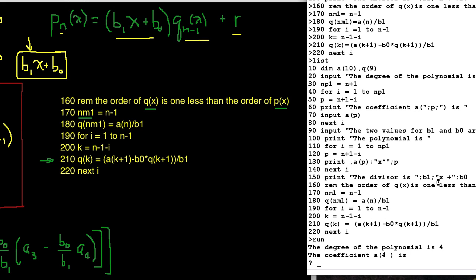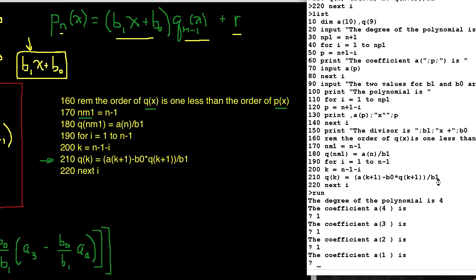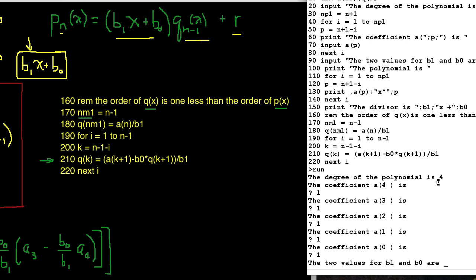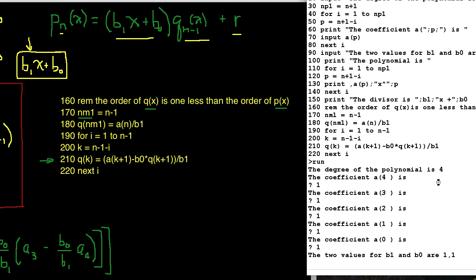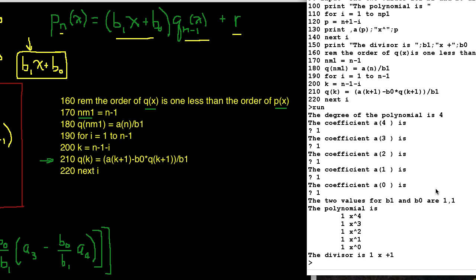Coefficients are 1, 1, 1, 1, and then finally a0 is 1. Now the two coefficients for b1 and b0, 1 comma 1. Okay, so here's my polynomial, x to the fourth plus x cubed plus x squared plus x plus 1. The divisor polynomial is 1 times x plus 1. I probably need to fix that somehow.